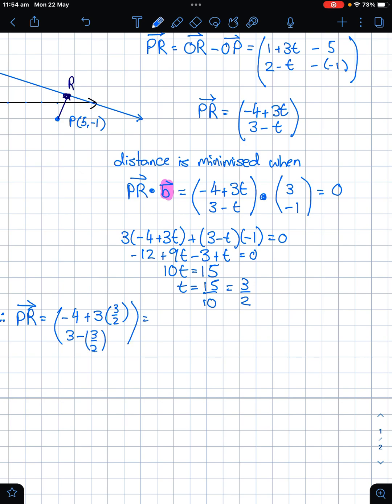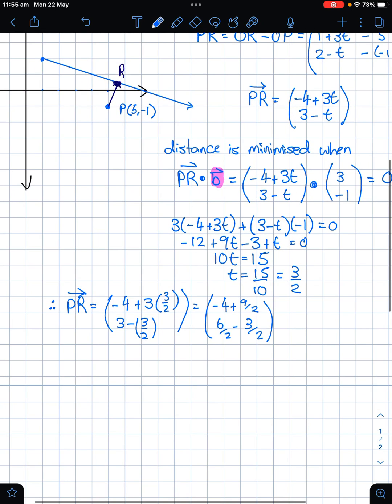This is going to equal -4 plus 9 on 2, and then we've got 3 minus 3 on 2, which is 6 on 2 minus 3 on 2. So -4 plus 9 on 2 is going to equal 1 on 2, because -4 is -8 on 2.